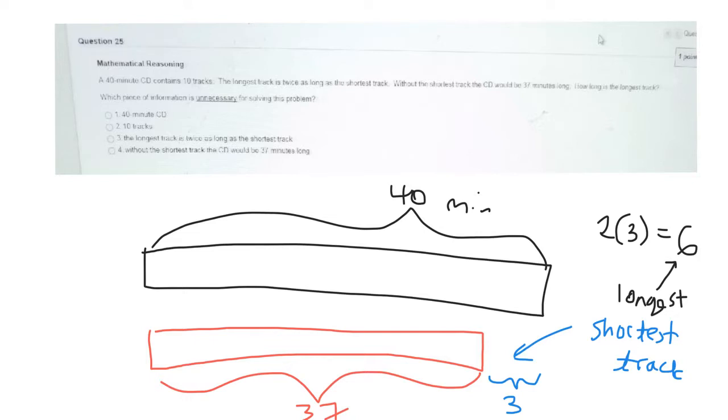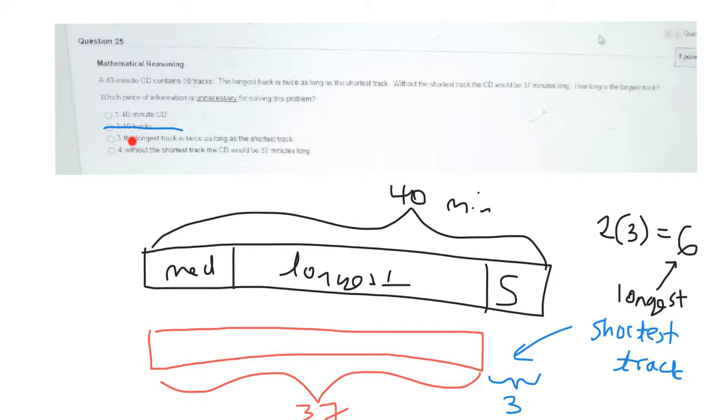This problem could have worked if we had the shortest track here, the longest track here, and maybe a medium track here. So in other words, for all we know, there are 3 tracks on this CD. We did not need to know that there are 10 tracks. That was extra information. So that piece of information was completely unnecessary, and therefore that is the answer to this problem, because we want to know which information was unnecessary.